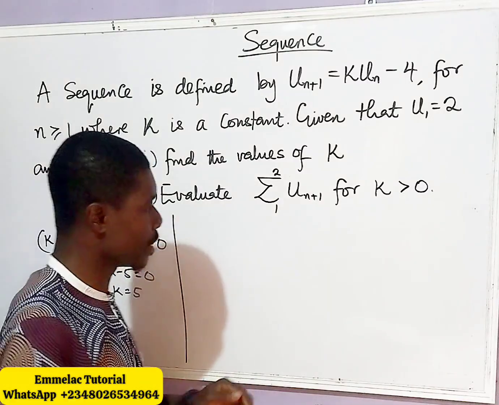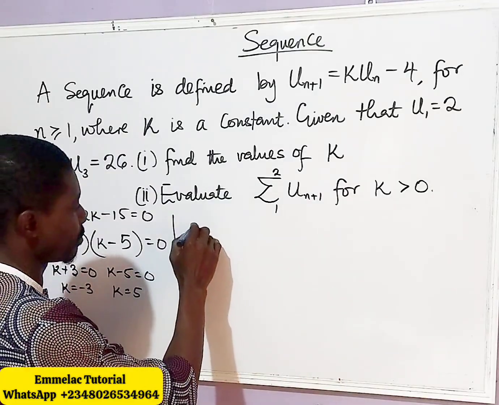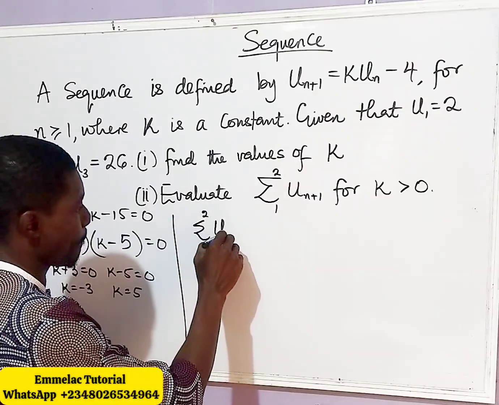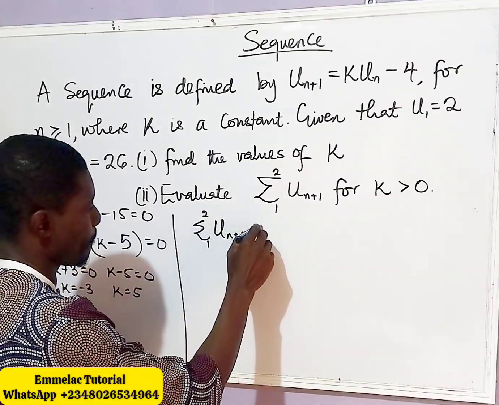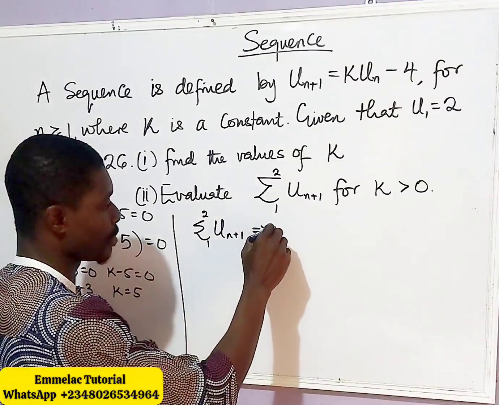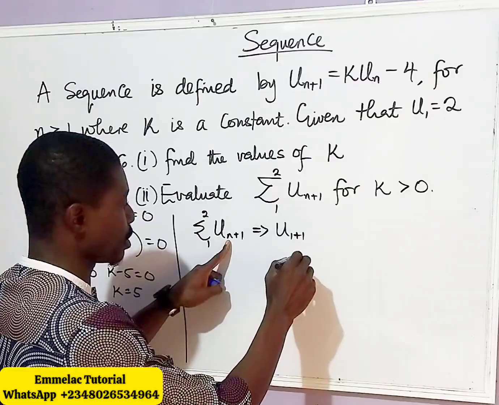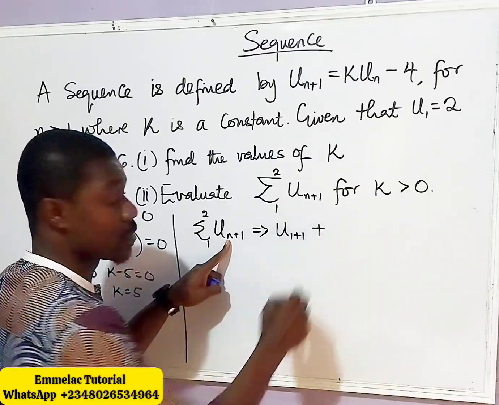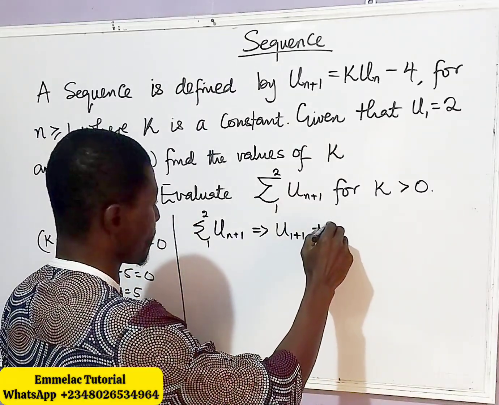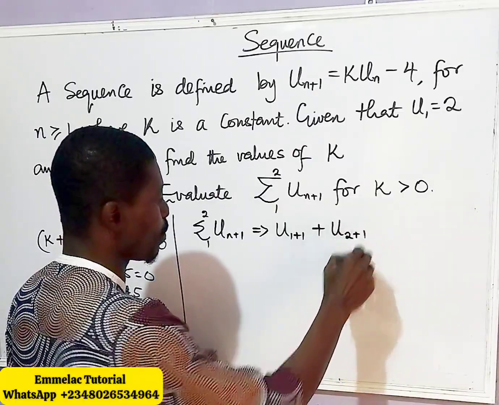Okay? Alright. So first of all, let us do that of 1. So it means that here you have 1 plus 1. Okay, then plus that of 2, that will be 2 plus 1.